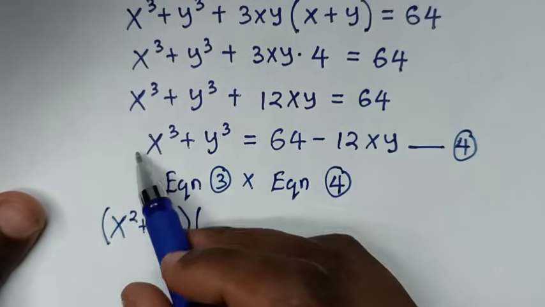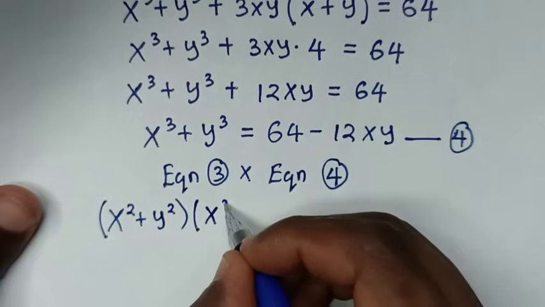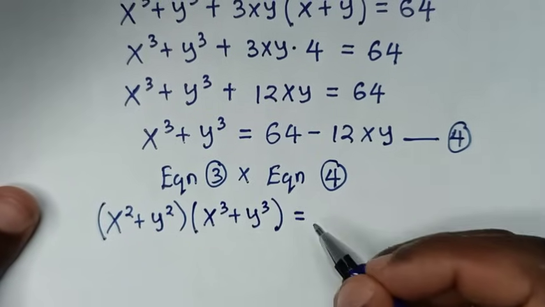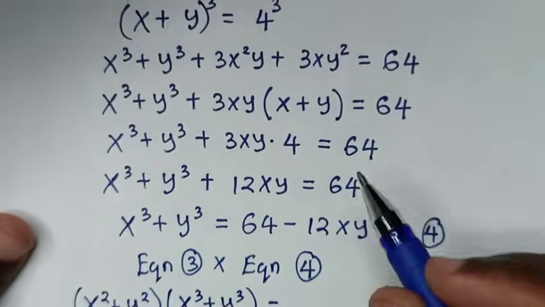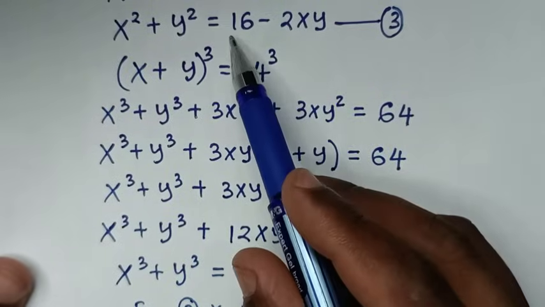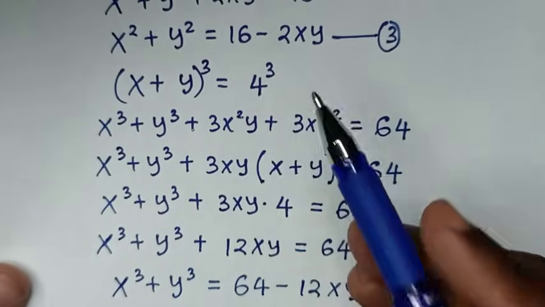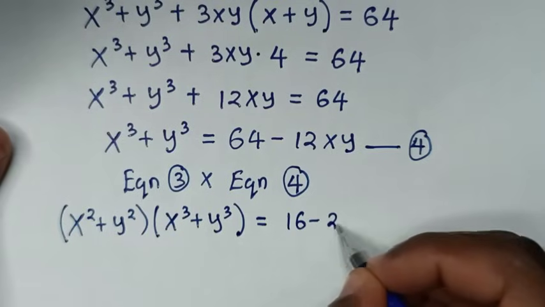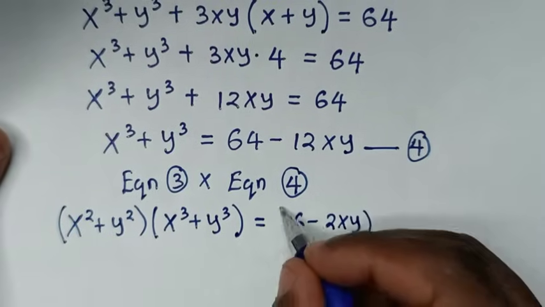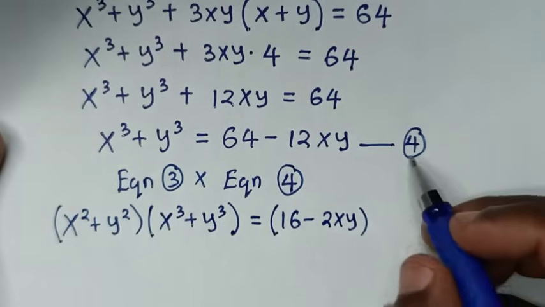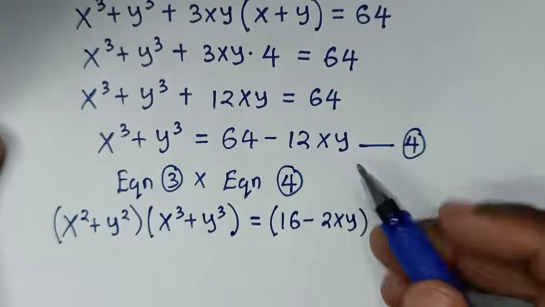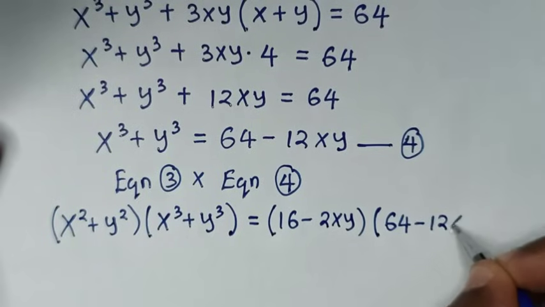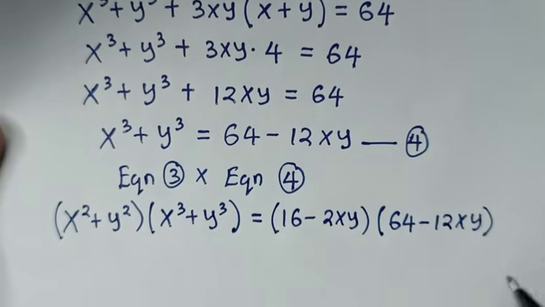Equation 4, the left side is (x^3 + y^3), and this equals equation 3's right side, 16 - 2xy, times equation 4's right side, 64 - 12xy.